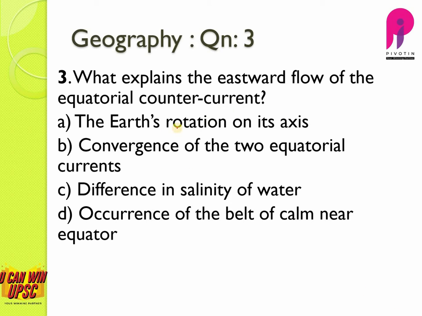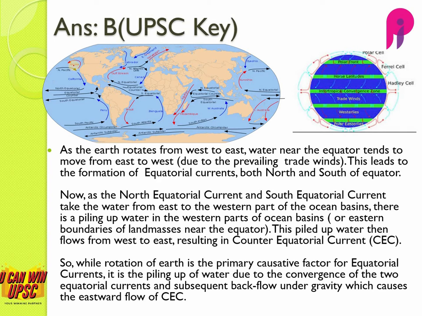And question number 3. What explains the eastward flow of the equatorial counter current? The answer to this question is, you can see the earth rotates from west to east, and hence the water flow in sea is from east to west.